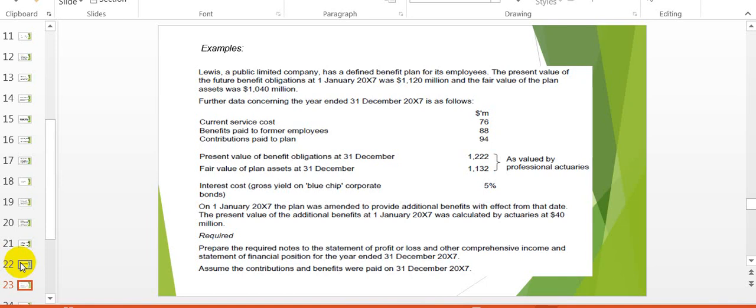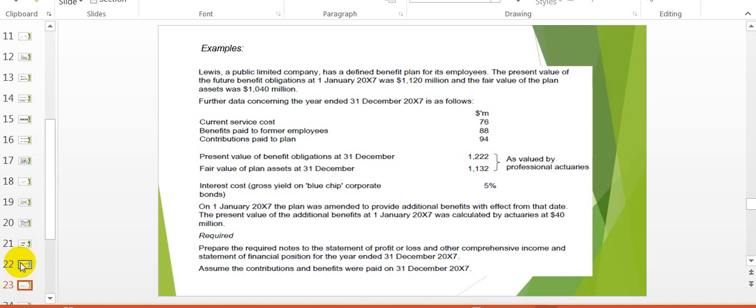You're also given the interest rates. On 1st January, the plan was amended to provide additional benefits with effect from that date. The present value of the additional benefit at 1st January 2027 was calculated by actuaries at 40 million.